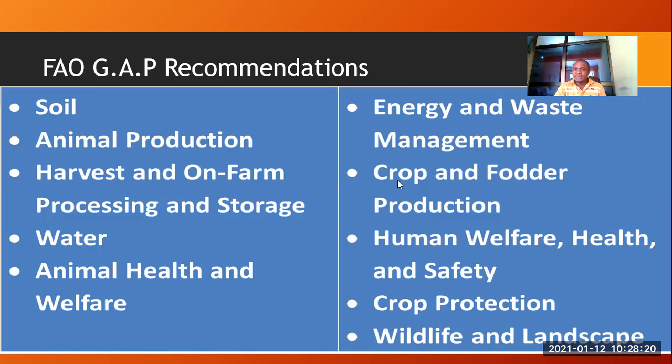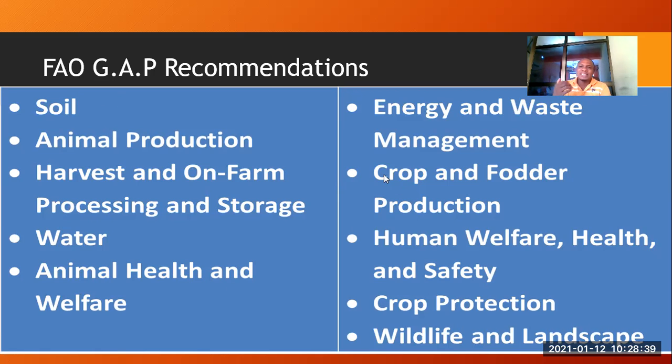For those who are doing animal production, the way they produce their fodder, human welfare and safety, crop protection, wildlife and landscape. So when you are developing your good agricultural practices, these are the major elements.